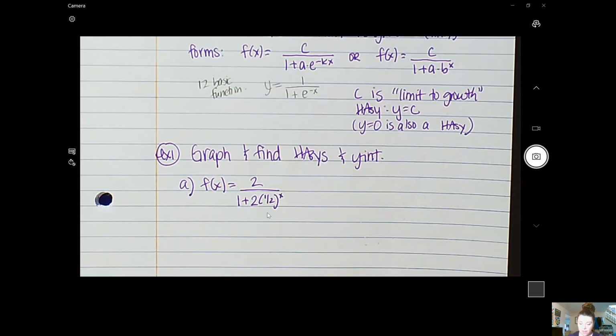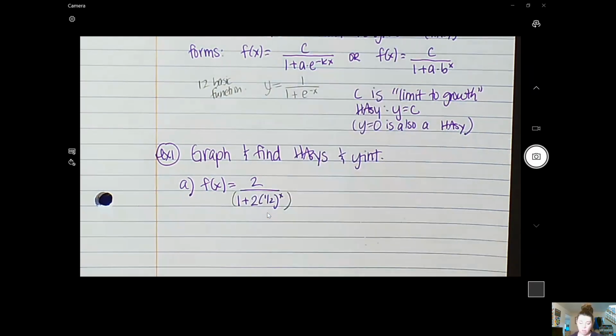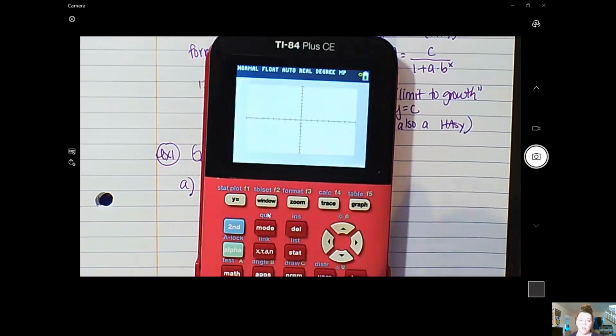So you're just going to graph that in your calculator. But when you graph it, make sure that you're putting this entire denominator in parentheses so that your calculator knows that's the whole denominator. So I typed it in like that, and I'm going to hit graph.